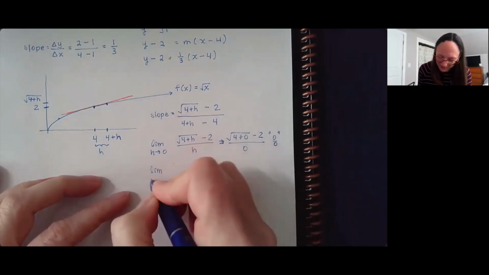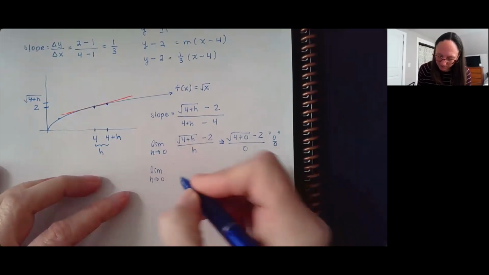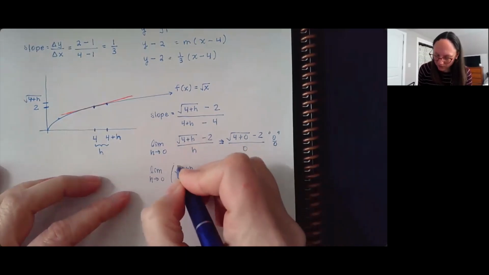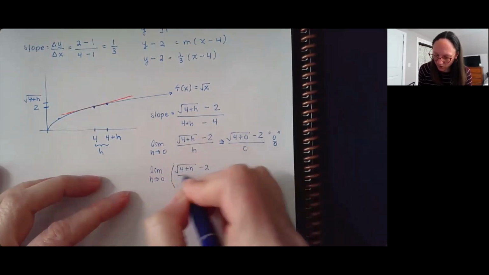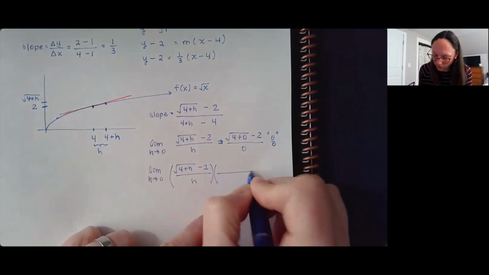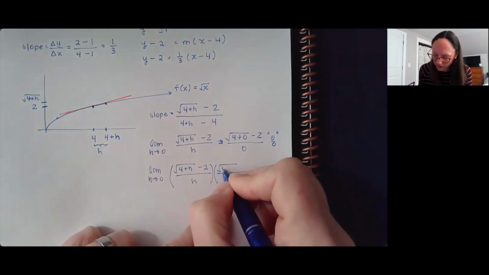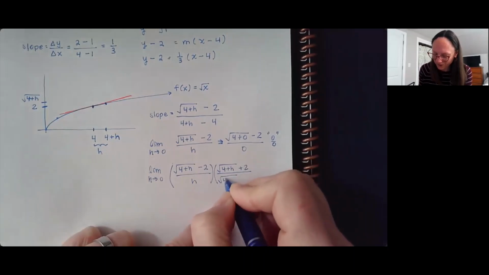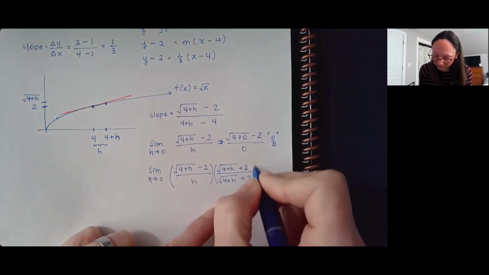So I am looking at a limit as h approaches 0. And we've got our original piece, the square root of 4 plus h minus 2 all over h. And we're going to multiply that by the conjugate. So I'm going to have the square root of 4 plus h plus 2 over the square root of 4 plus h plus 2.